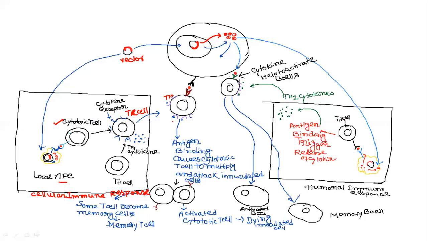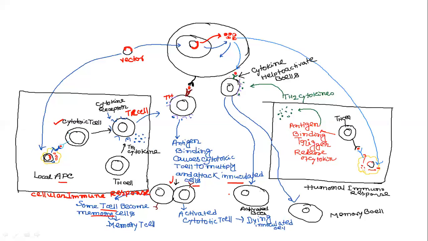Now this will activate antigen binding, causing the cytotoxic cells to multiply and attack the inoculated cells. After inoculation, some of the T cells become memory T cells, and we know that cytotoxic T cells kill the inoculated cells, right?